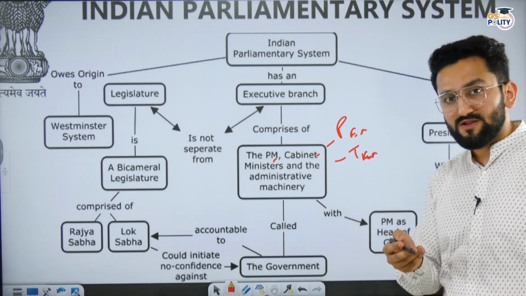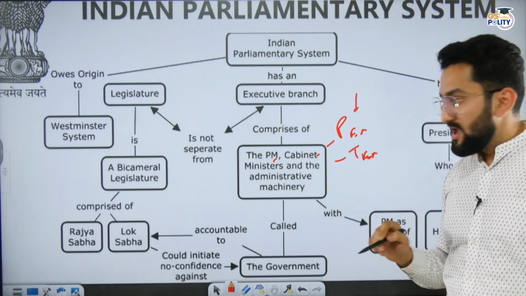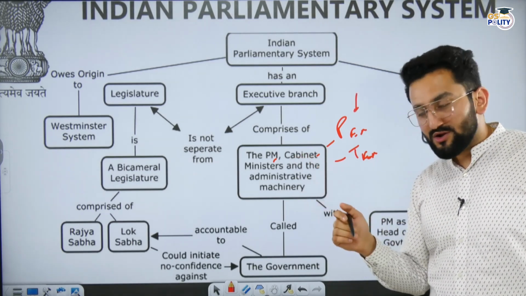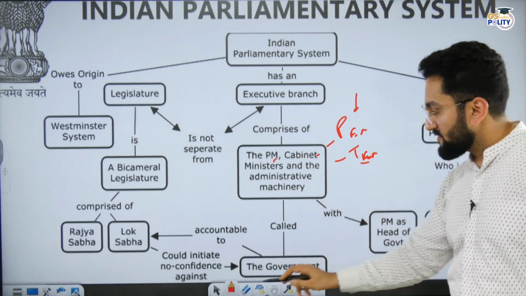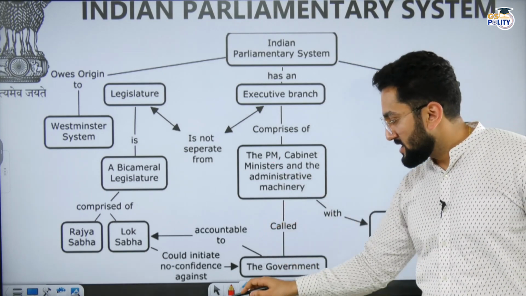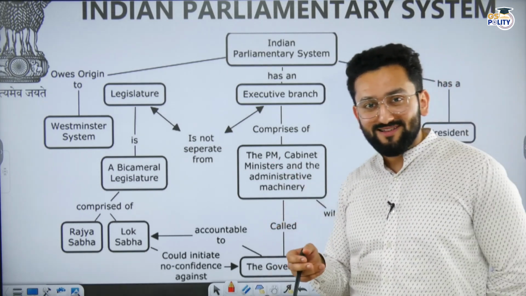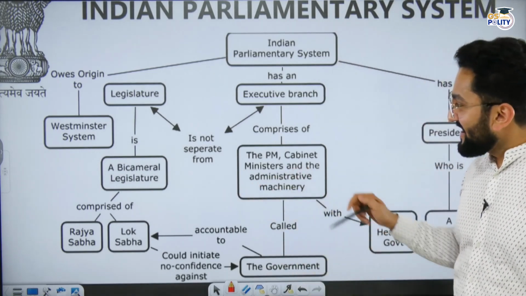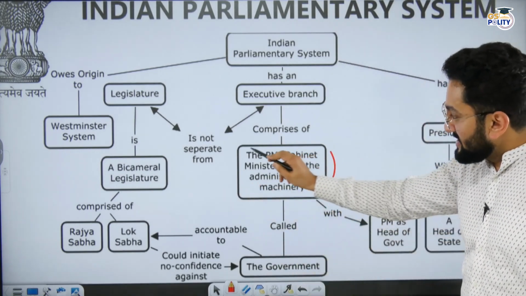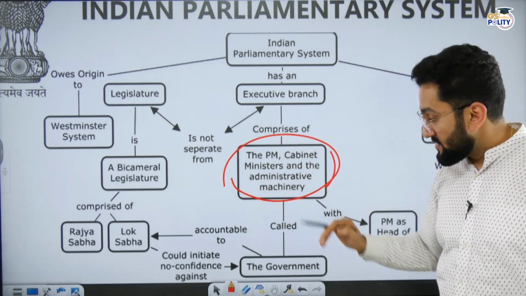Since you are preparing for civil services, you will be part of this permanent executive. But these cabinet ministers, they are part of temporary executive. You have to give exam in life for one time, you have to clear it, but they have to appear in exam every 5 years. Elections, right?